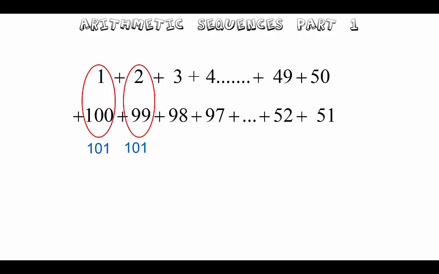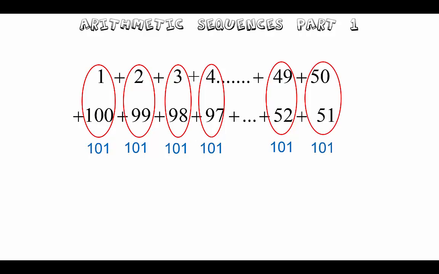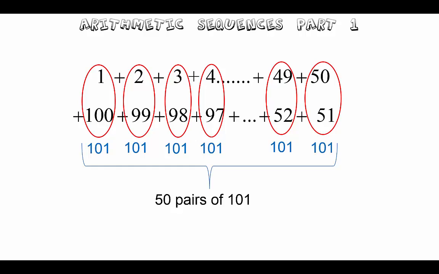The second pair, 2 plus 99, also sums to 101, and so on. So we can see that what we have are 50 pairs of numbers, each of which sums to 101. And that means the total sum will be 50 times 101, which is 5050.